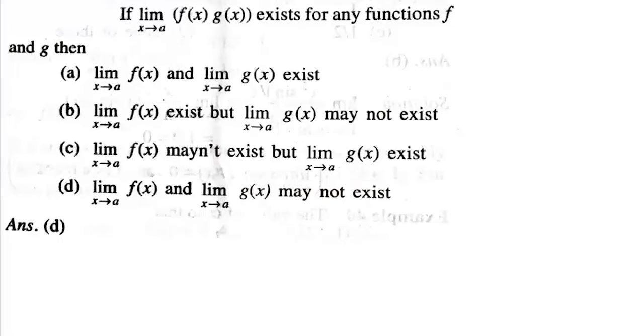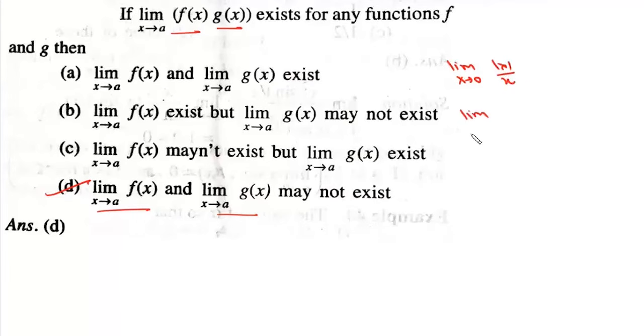Now this is a very conceptual question. It says if the limit as x tends to a of f(x) into g(x) exists for any functions f and g, then which of the following is true? Now clearly the answer has to be that both these limits f(x) and g(x) may not exist. If we take a very simple example, suppose one limit is the limit as x tends to 0 of mod x upon x, and we know that this limit does not exist as the values are -1 and +1.